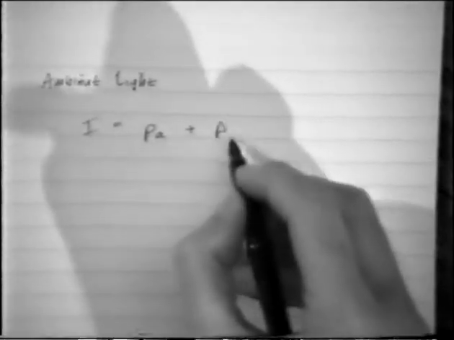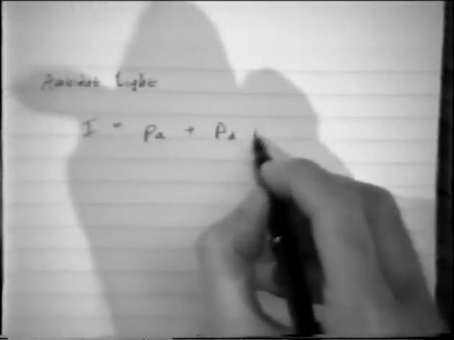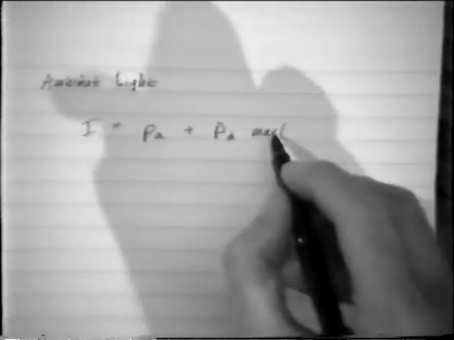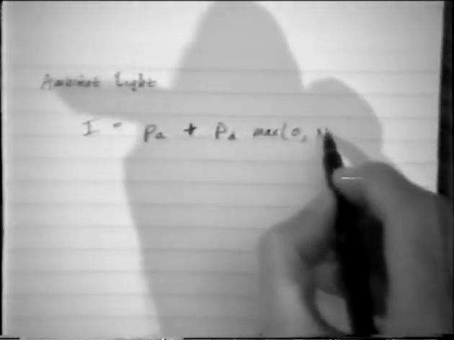So the total light reflection, or the intensity that you see on the screen, is going to be some value, a proportionality constant for the ambient light, plus a proportionality constant for the diffuse reflection, or the Lambert reflection. So you have the sum being something like that.